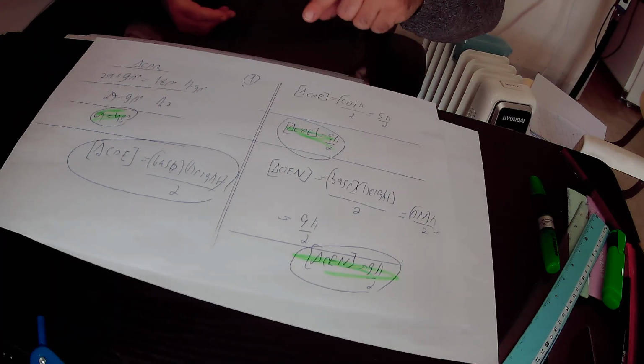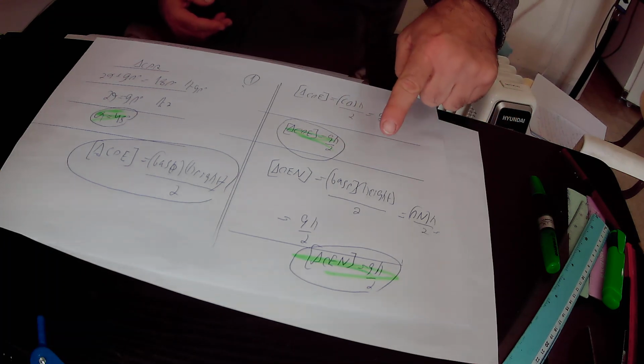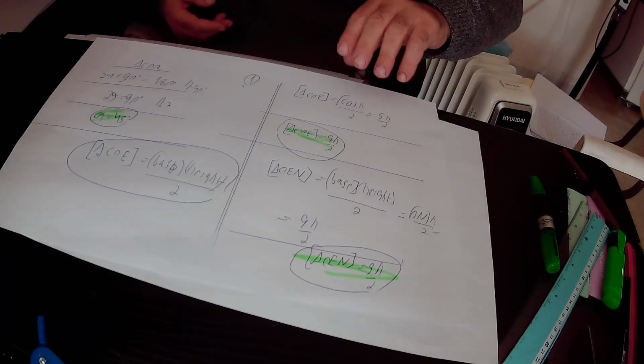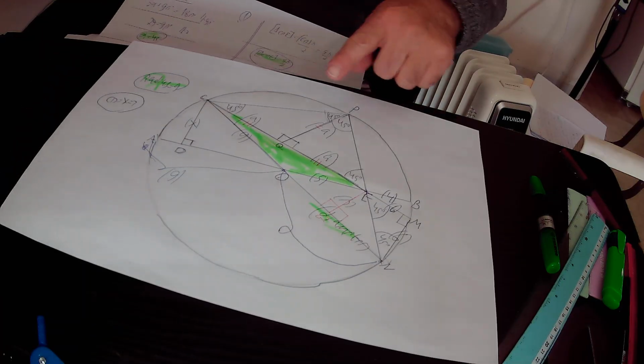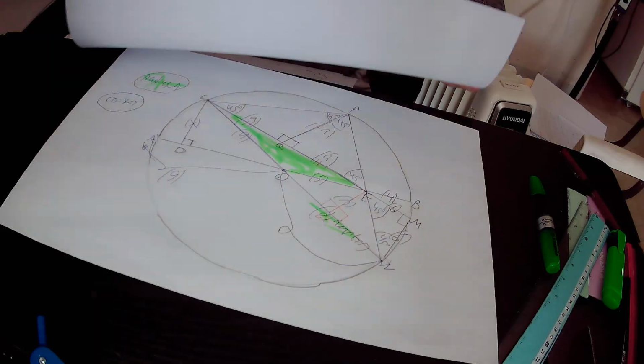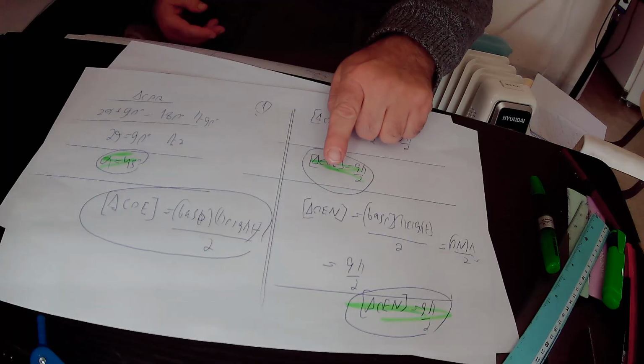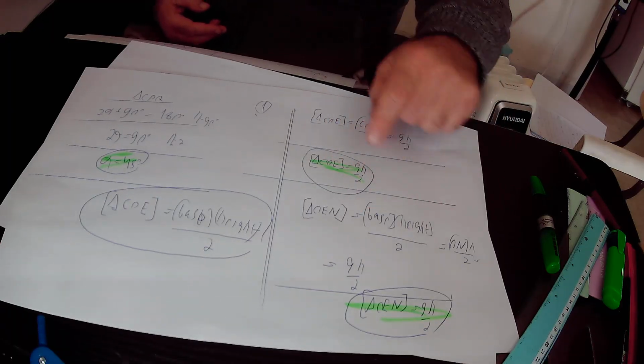So we found out that the area of the lower triangle OEN equals the base, that is NO, times the height H over 2. ON is the radius of the circle, that is equal to 9. So we substitute ON by 9, so in total the area of the lower triangle OEN equals 9H over 2 square units in size.